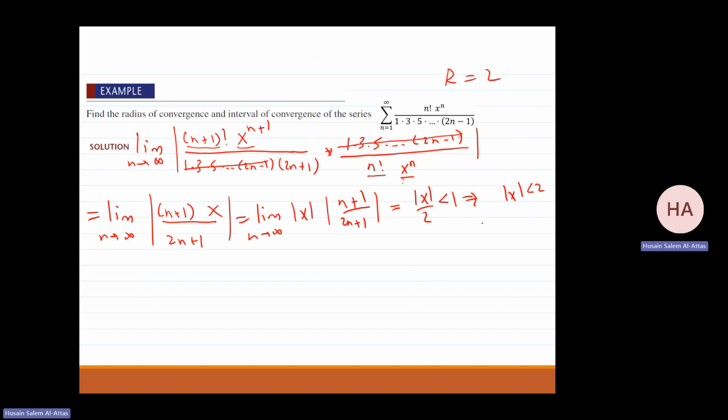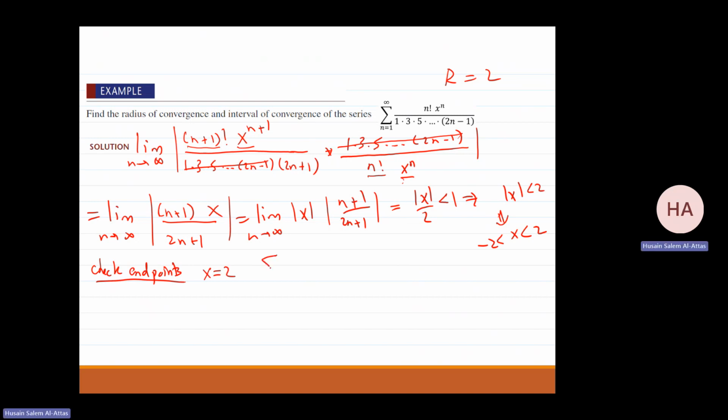And this implies x is between -2 and 2. Okay, now what I will do, I'll check the endpoints. Let me start with x equal to 2.